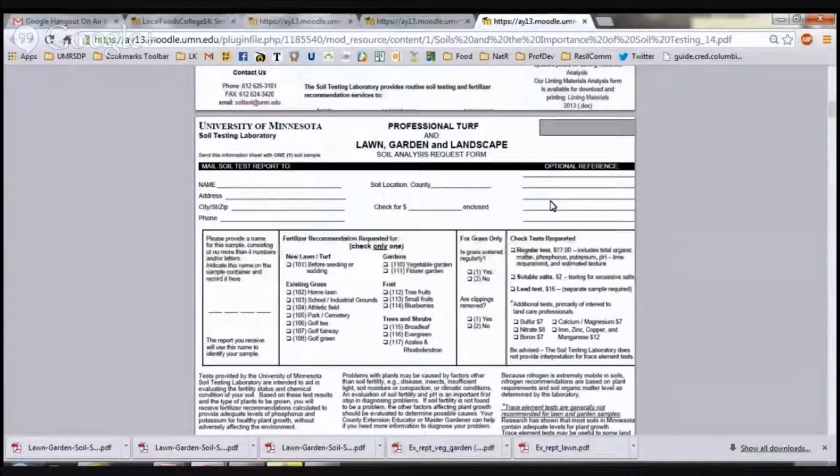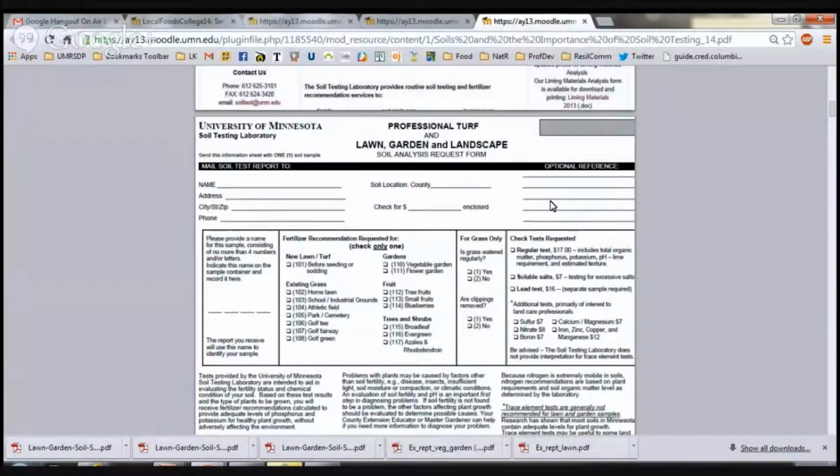You have to remember that when you send in a soil sample, you're sending information to the soil testing laboratory. But most importantly, everybody wants to know how much it's going to cost. Hold on a second. Allison, are you seeing the soil testing PDF form? Yes. Okay, just fine. We're a little delayed on our screen in front of us.